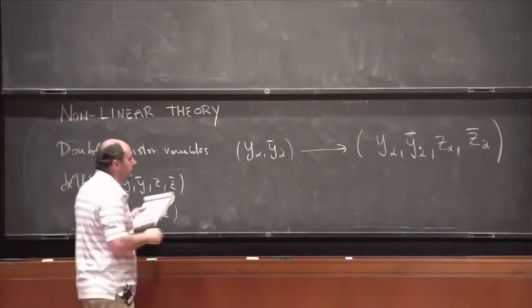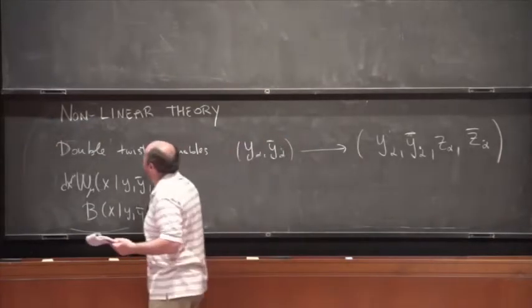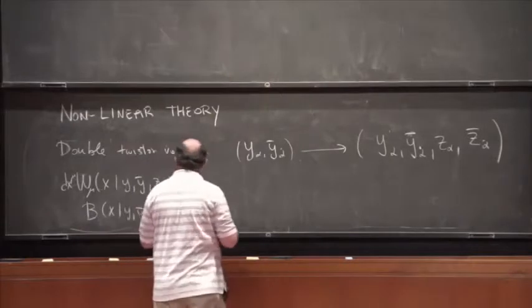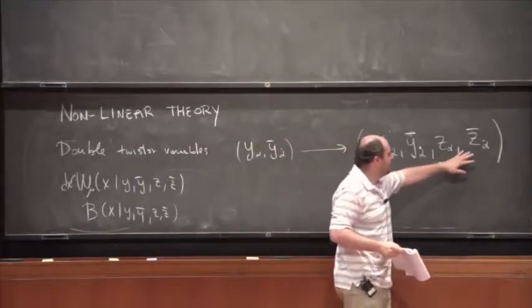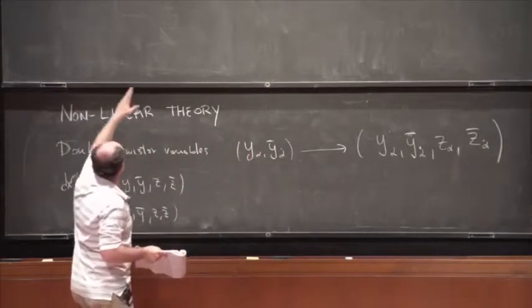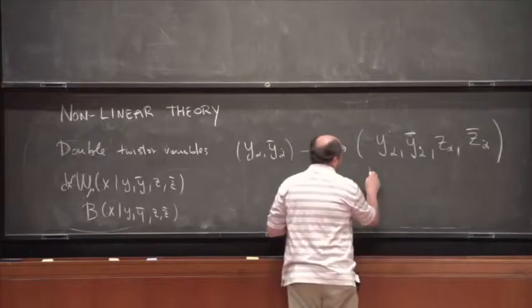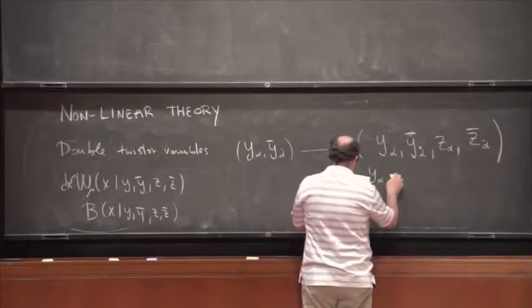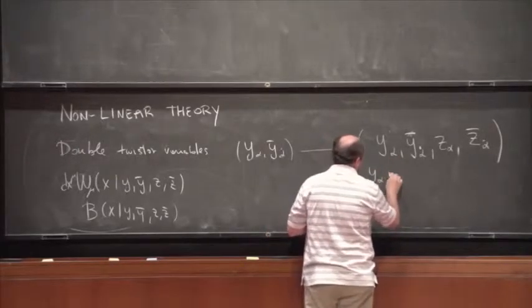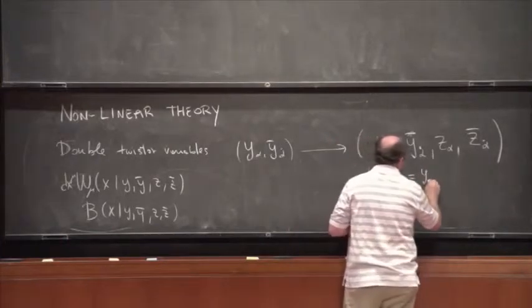And this z and z bar will also have some star product analogous to that one. So this big space now has a star product such that the y's stay the same, and then we have non-trivial star contraction between y's and z's.